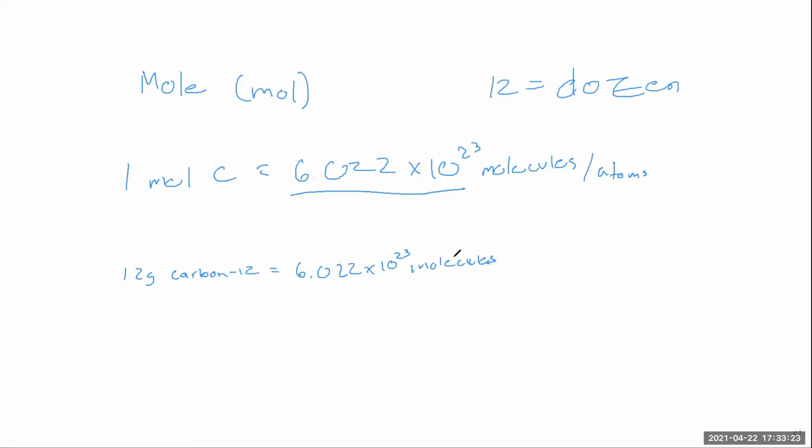And this is called Avogadro's number. So this 6.022 times 10 to the 23rd is Avogadro's number.